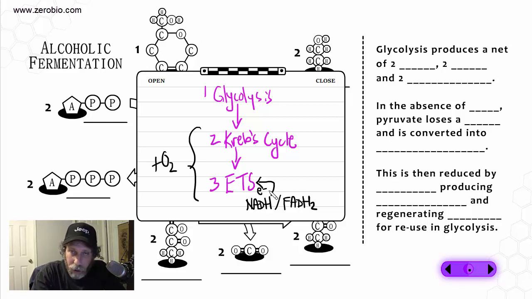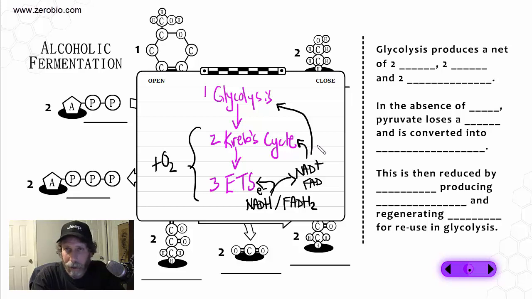As those electrons move, they create the ATP, but it also causes the oxidation of those electron carriers back to their original forms so that they can go back into Krebs cycle or back into glycolysis for reuse. So those electron carriers are reoxidized, continuing the metabolic pathway to create ATP.